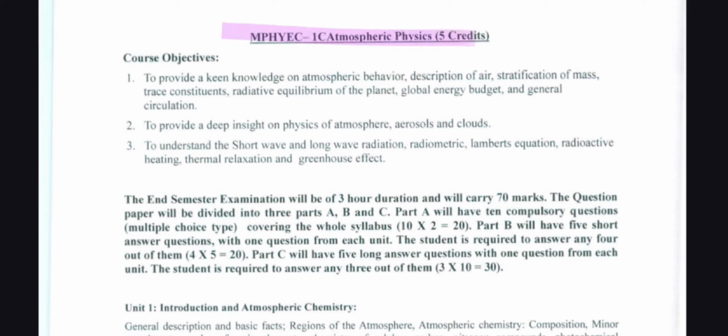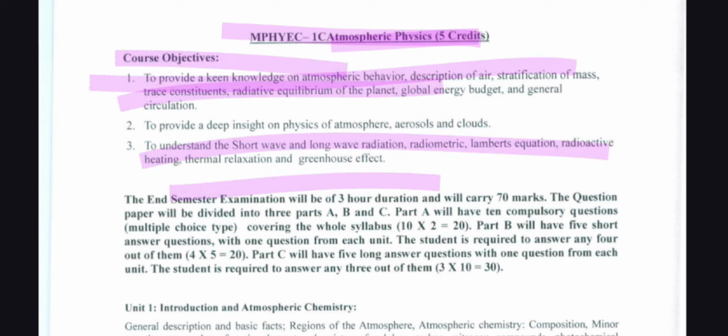So MSc Physics, C. C is atmospheric physics. So here see this, these are the course objectives. And come to unit 1, chapter 1.